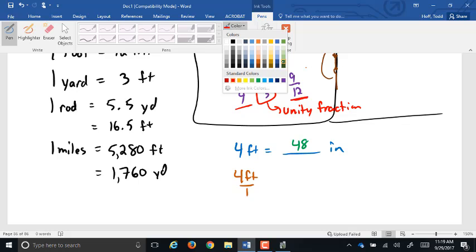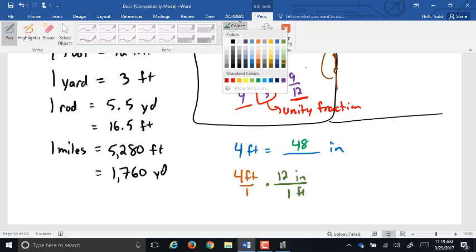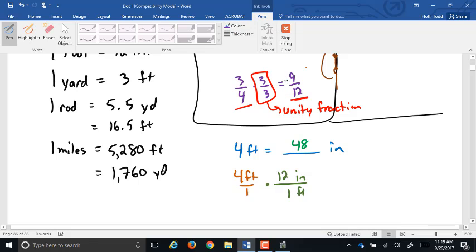Well, down here, my unity fraction is going to look like this. 12 inches on top and 1 foot on bottom. Now that doesn't look like it equals 1, but it does. 12 inches is equivalent to 1 foot. So that is 1. Now, how did I know to put the feet on bottom and the inches on top?